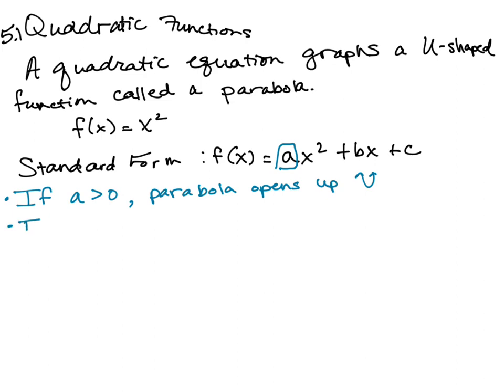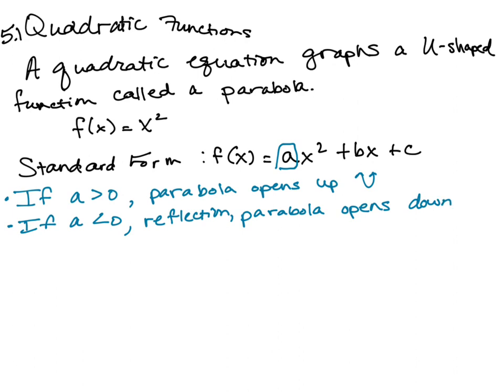If a is less than 0, a negative number, we see a reflection, like we discussed in our transformation unit. So the parabola opens down, like a frown.